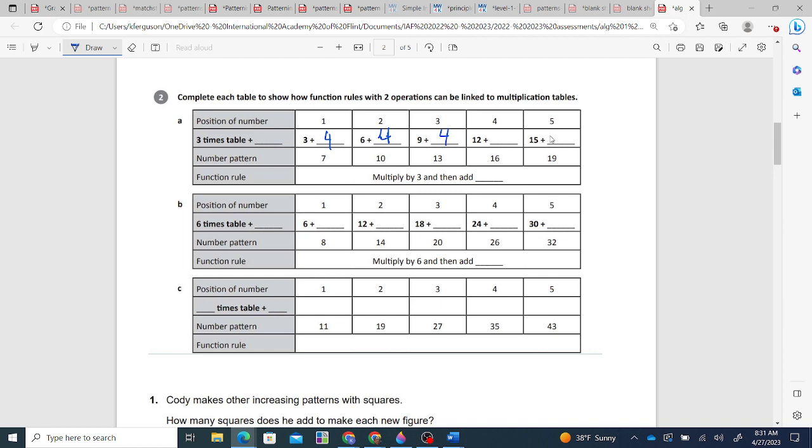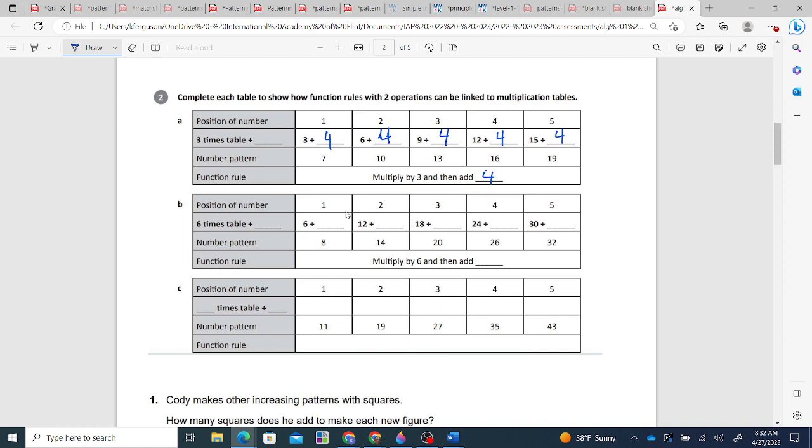That's 4. 4 times 3 is 12. 12 plus blank gives me 16. 4. And then finally, 5 times 3 is 15. Plus blank is 19. So that's 4. So then I go down here to my function rule. First I multiply by 3, and then I add 4.